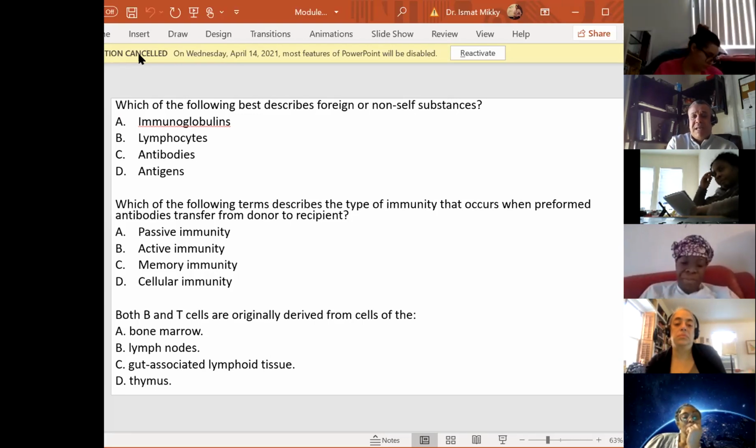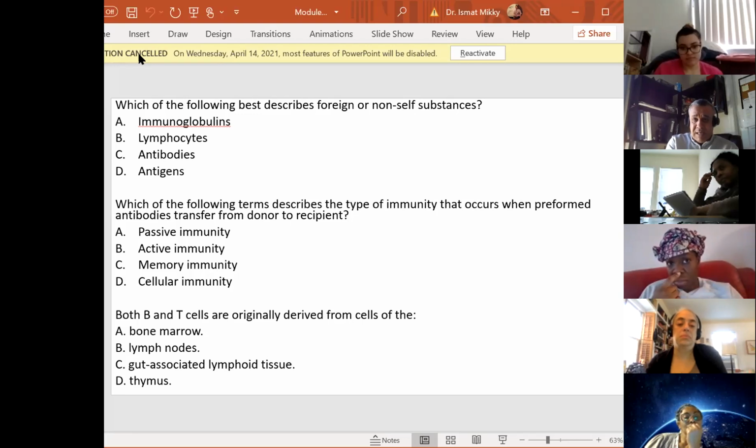The thymus gland is just responsible for the differentiation of the T lymphocytes, because it produces certain hormones to make them effective T cells.